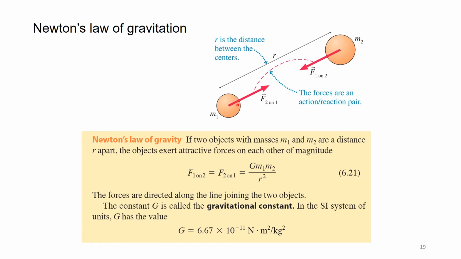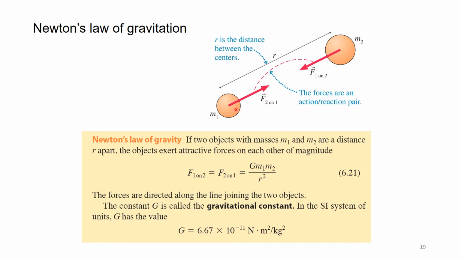The arrow on m1 is the force exerted by object 2, so we call it force of 2 on 1. The arrow on m2 is the force exerted by object 1 on object 2. Effectively the two arrows form an action-reaction pair, as seen by Newton's third law.